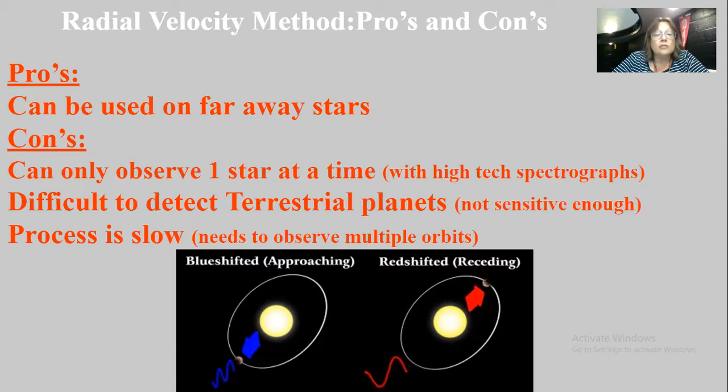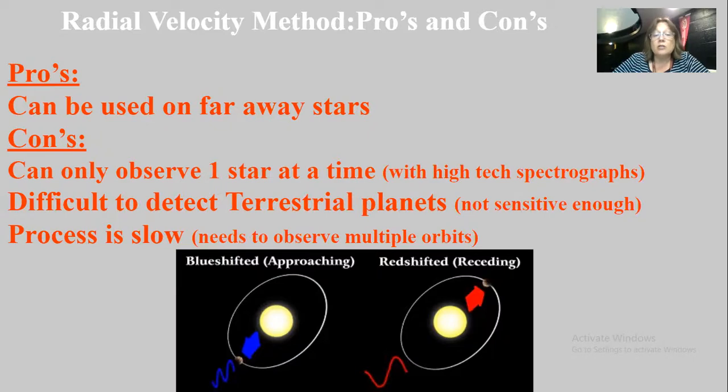But with the red shift and blue shift, the Doppler effect, we can pick up faraway stars. A con is that it can only observe one star at a time. With the astrometry method, you can observe hundreds of stars at one time. So they'll find the stars with the wobble, and then they'll spend some time looking at those stars individually with the radial velocity method.